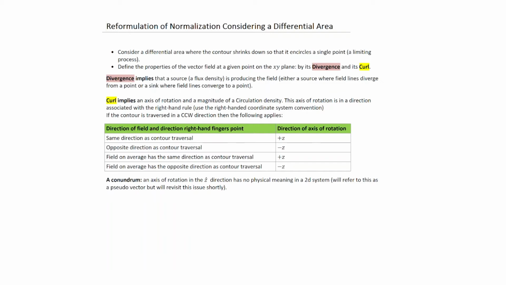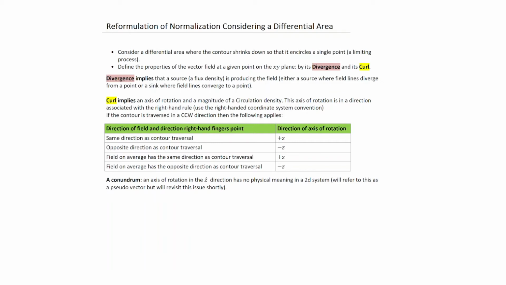An axis of rotation gives you some sense that it's moving about something, and that something is an axis. You then ask, what is the direction of this axis? This is where the right-hand rule comes into play. We're going to use a right-handed coordinate system convention.